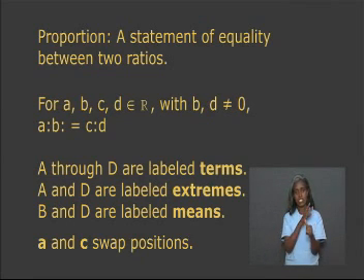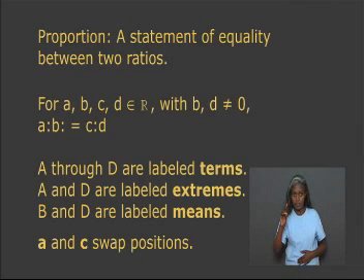The first and last terms, A and D, are called the extremes. The second and third terms, B and C, are called the means. The product of extremes is equal to the product of the means.